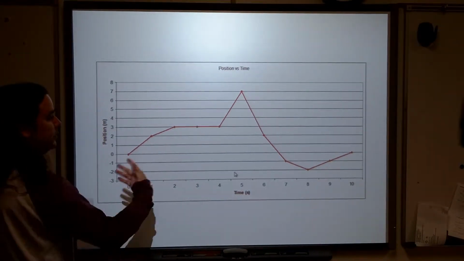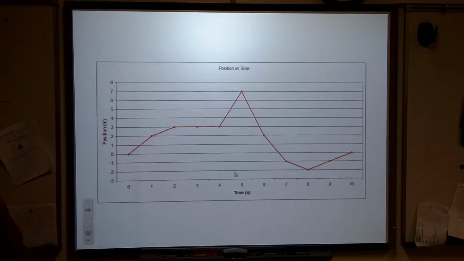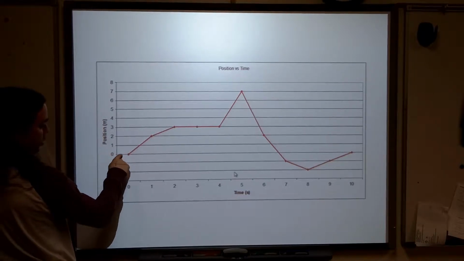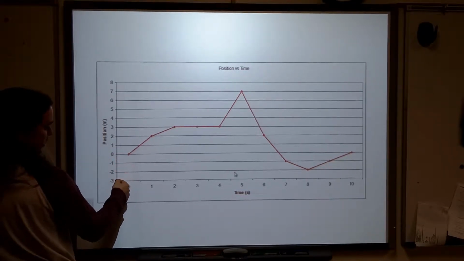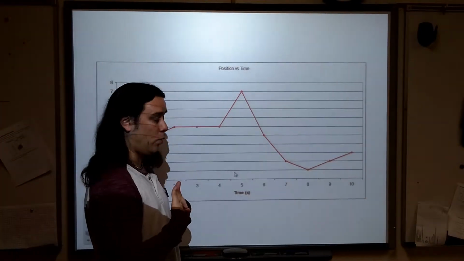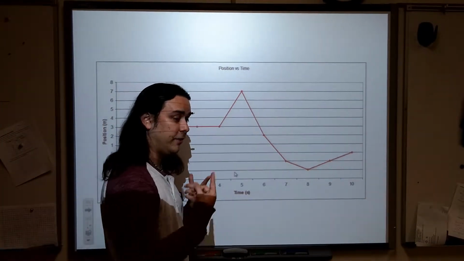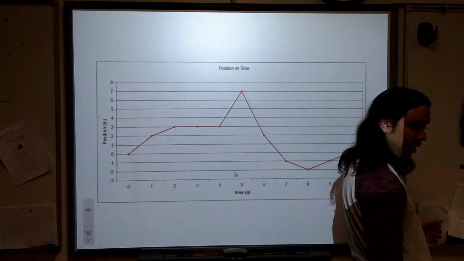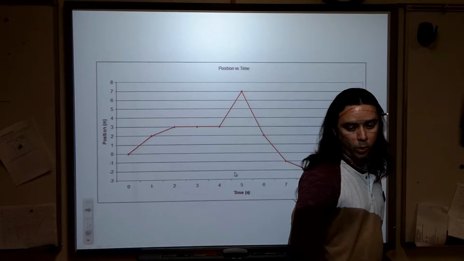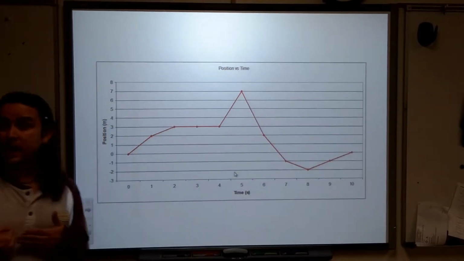They're our preferred ones. This is a random graph that I have put together of the motion of some object. Now, one of the things that I'll point out here is you'll notice that 0 is partway up my graph, and we also have -1, -2, and -3. When you're dealing with position, we could say that right here is my origin, x equals 0, and if I move to the right, this is +1, +2, +1, 0, -1.